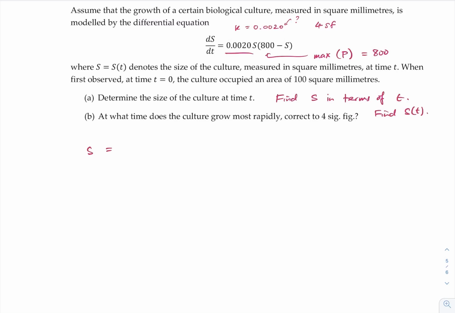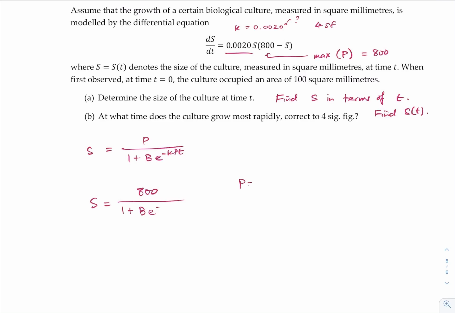So S equals P over 1 plus B e to the negative kPt. Let's put our details in. So we've got P is 800 over, so B we have to find, e to the negative kPt, right?